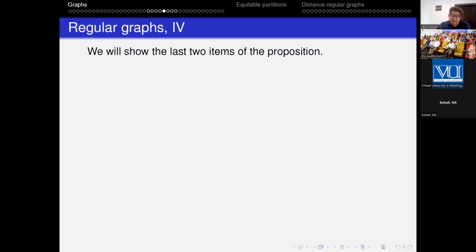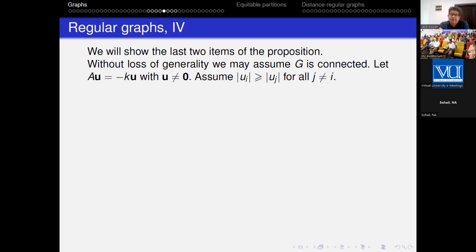Now we will show the last two items of the properties together. So without loss of generality, we may assume that T is connected.